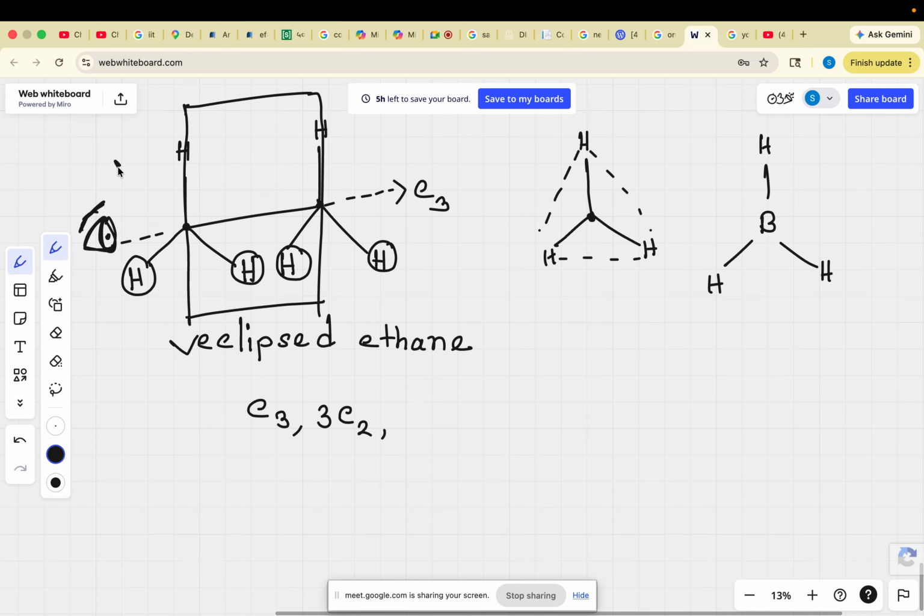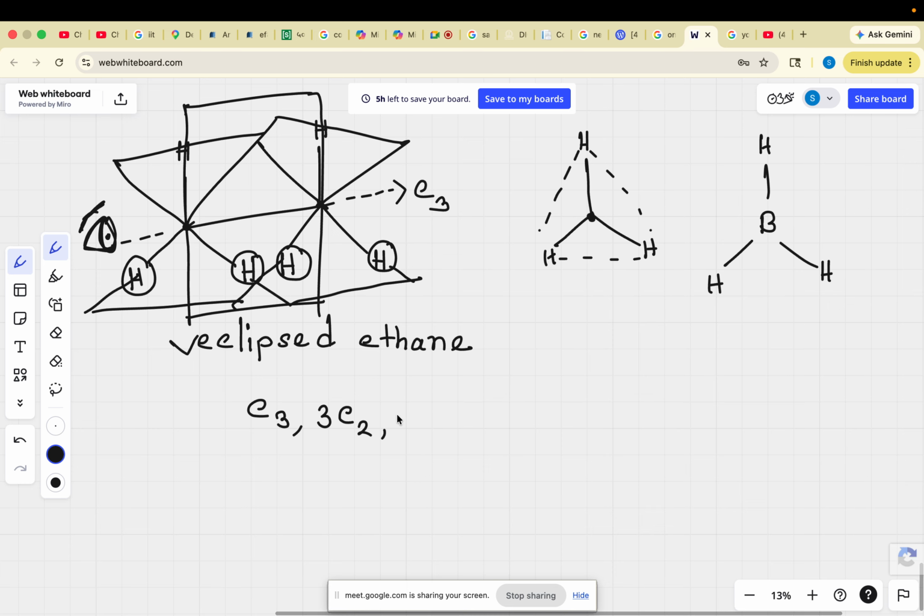Similarly, if I pass one plane from here, there also I will get another plane of symmetry, and another plane you have to pass from here, through this hydrogen, like this. So that means you are getting 3 sigma V.